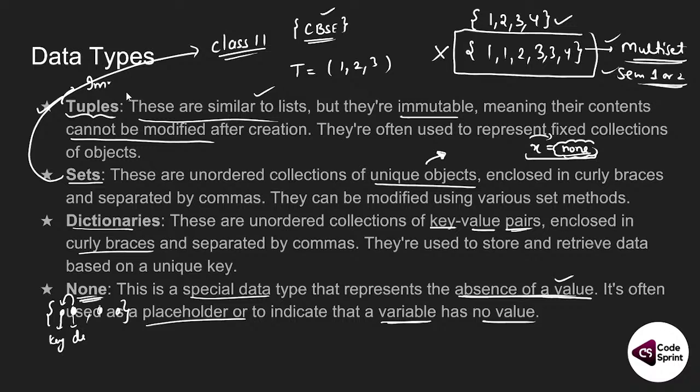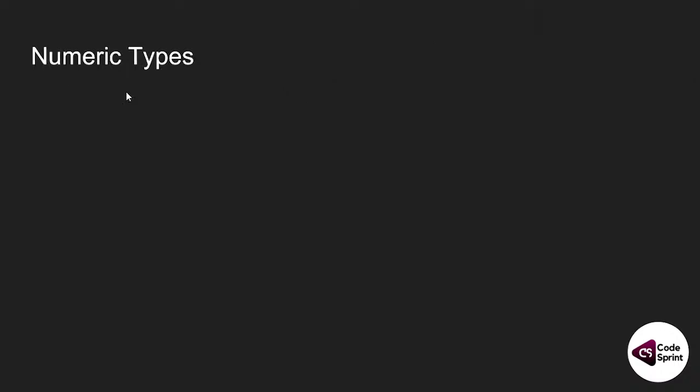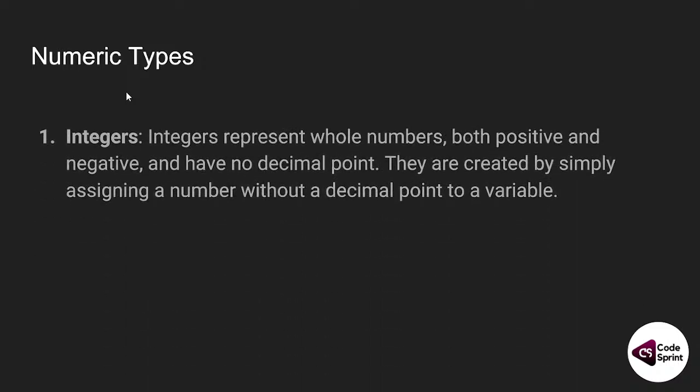Don't worry. Now, let's discuss the numeric ones. We have discussed that we have three types of numeric. First is integer, which represents whole numbers in positive and negative format and does not have any decimal points.